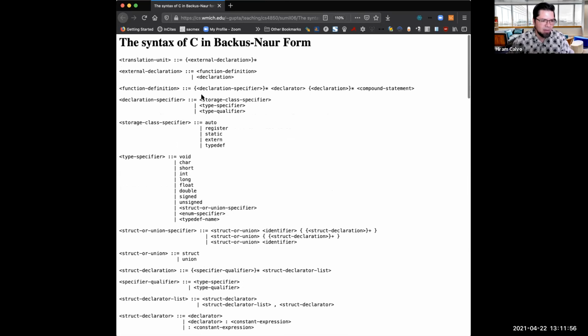What does it mean? The Backus-Naur form uses these pipes, which mean or, and instead of an arrow, it uses these four dots and then equals. But actually, what this means is that storage class specifier produces auto, or this produces register, or this produces static, etc. You became a little bit familiar with this at the exam.